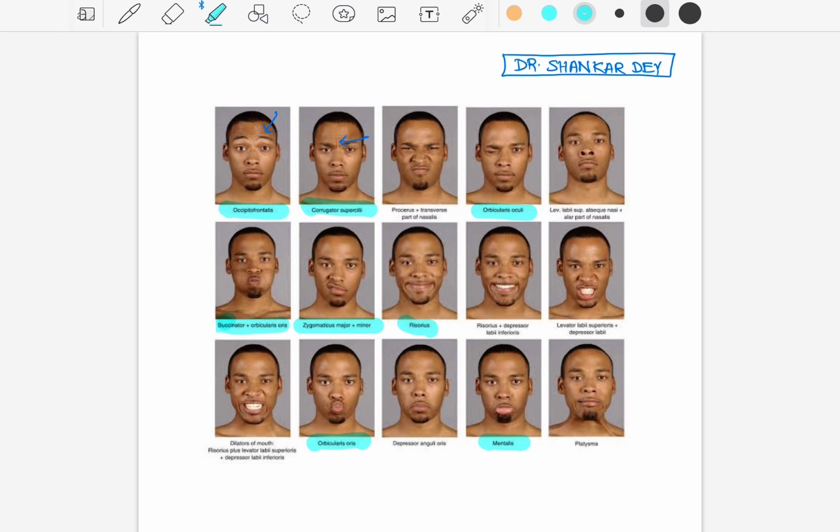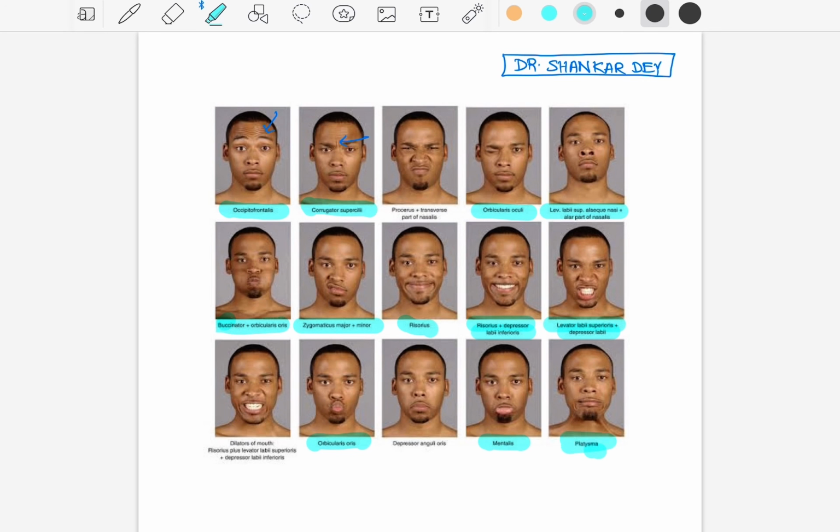And see risorius and depressor labii inferioris responsible for deviation of the angle of the mouth along with the lower lip downwards. This is levator labii superioris alaeque nasi and part of the nasalis muscle. So these are the various actions.